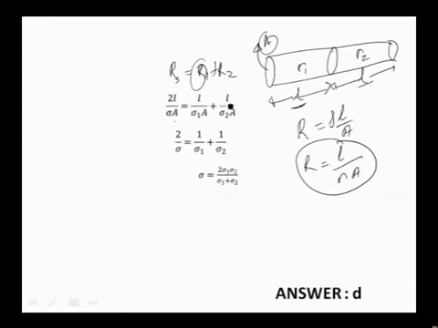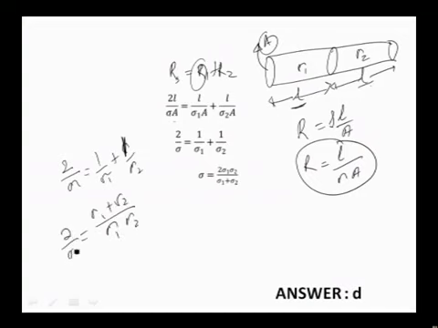Here the length is identical and the area is the same, so take them common and cancel each other. We get 2 divided by sigma equals 1 divided by sigma 1 plus 1 divided by sigma 2. Now, by simplifying, you get sigma 1 plus sigma 2 over sigma 1 sigma 2, that is 2 divided by sigma.